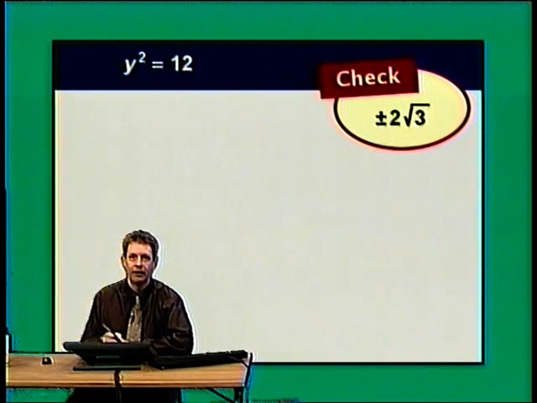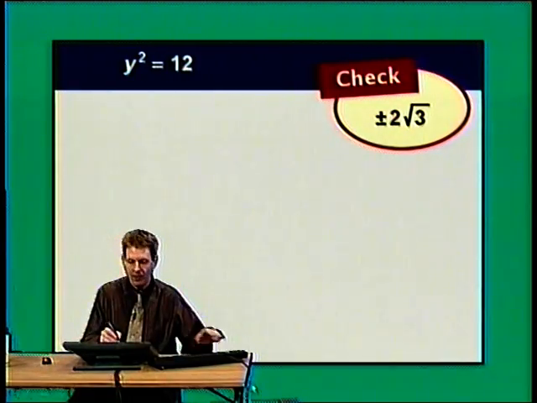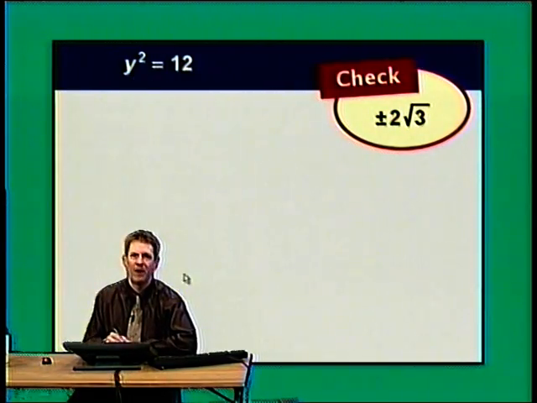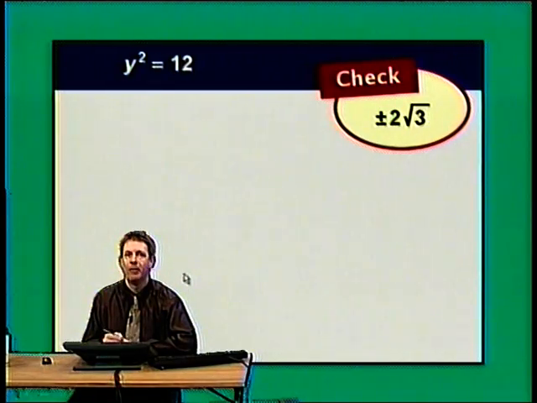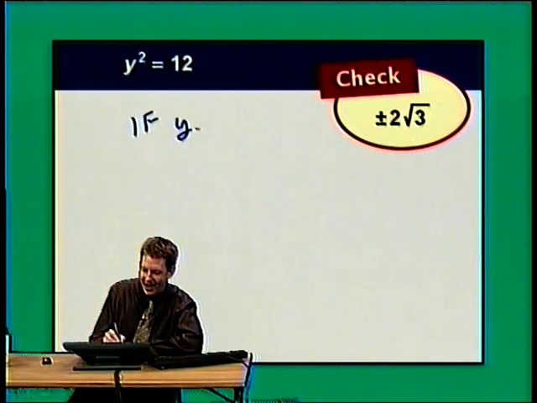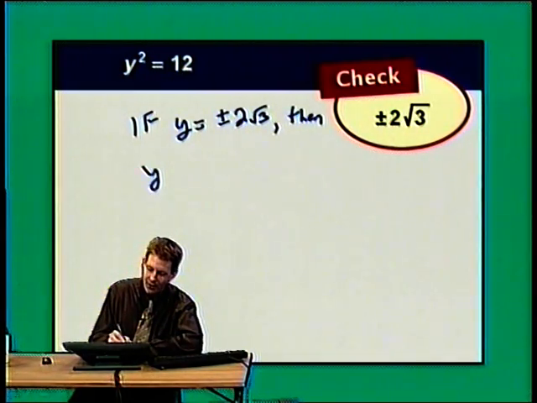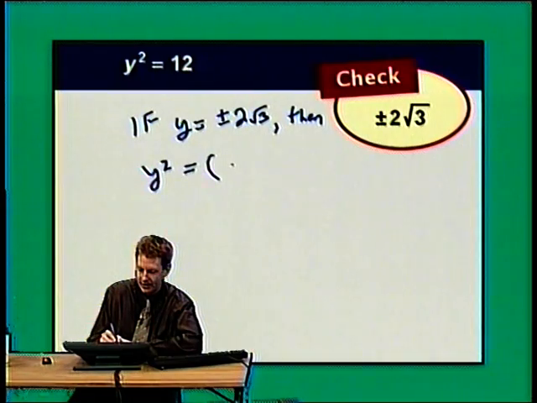Let's check. Can I do a 2-for-1 check? You betcha. My numbers are opposite, and the only occurrence of the variable is a squared occurrence of the variable. Squaring opposite numbers results in the same result. So, if y is plus or minus 2 square root of 3, then y squared is 2 square roots of 3 squared.